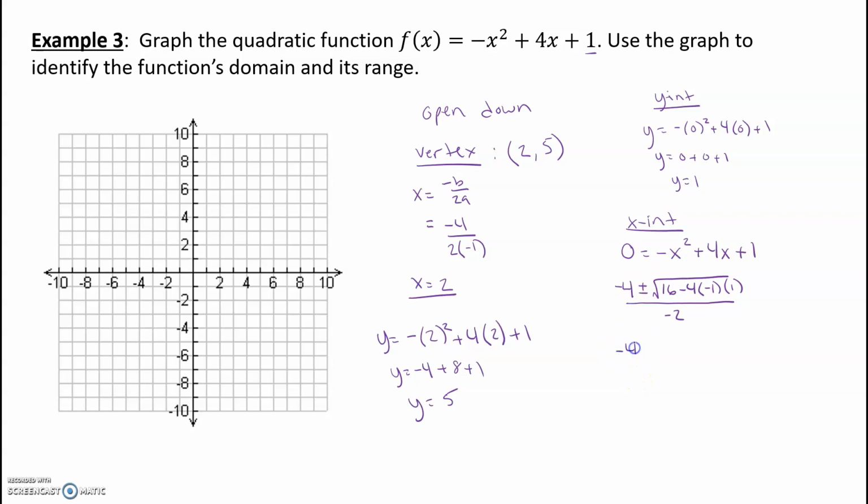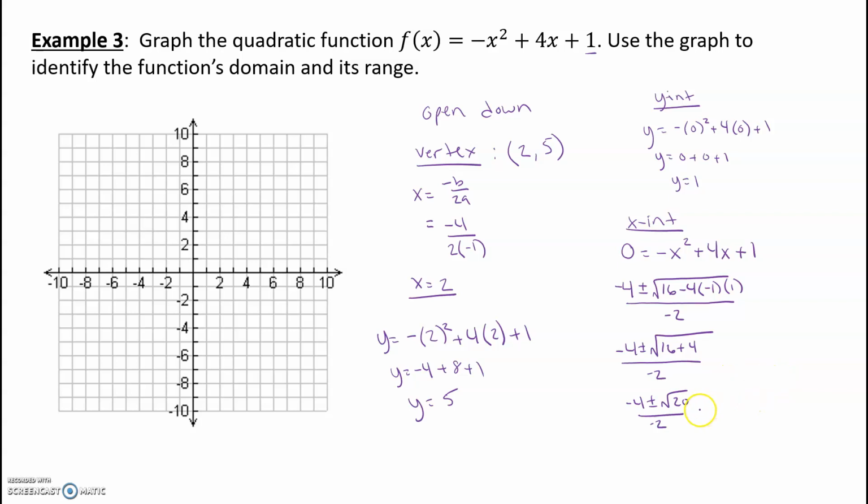So we're going to simplify. Negative 4 plus or minus the square root of 16 plus 4, all over negative 2. And we get negative 4 plus or minus the square root of 20, over negative 2.